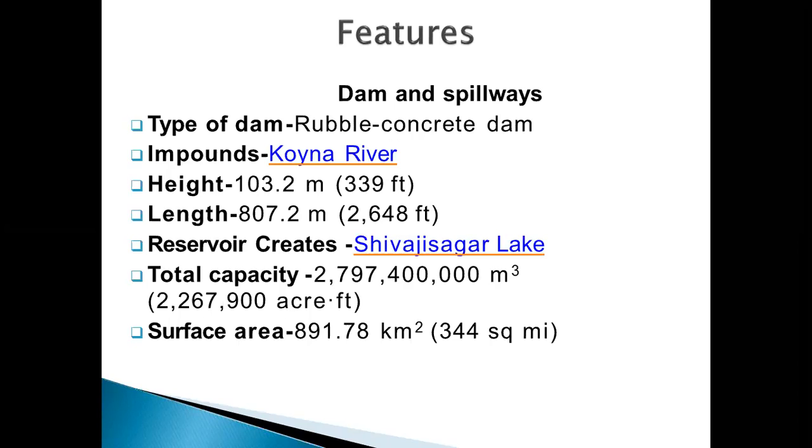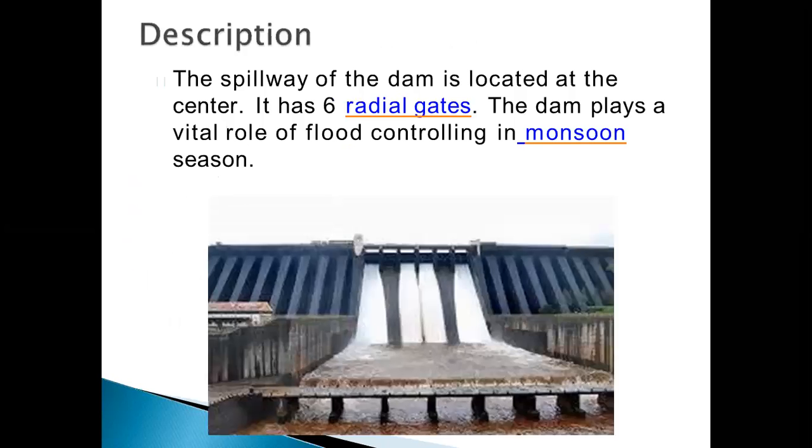So it is near about 1000 square kilometer area. That much huge amount of water is stored in this Shivsagar Lake. As said earlier, it has 6 radial gates.